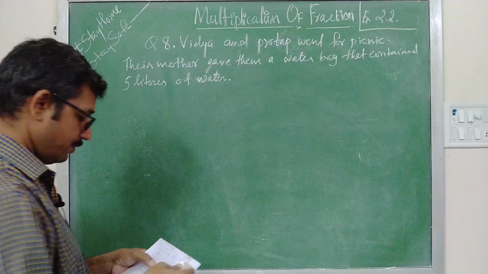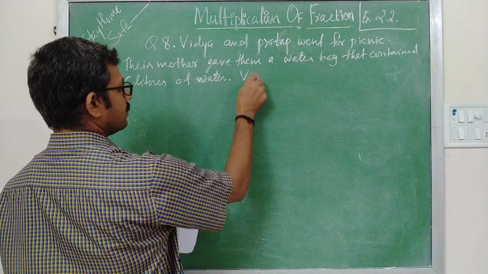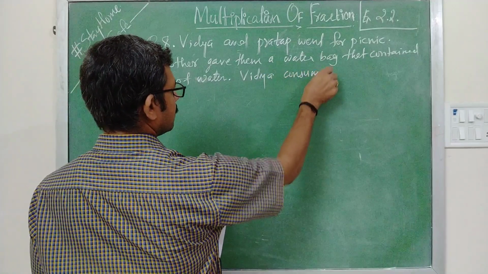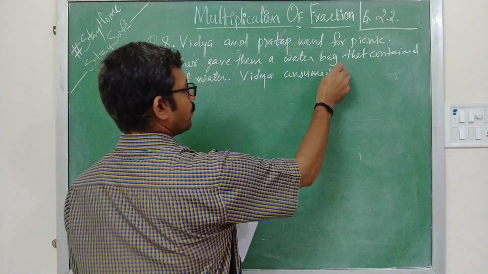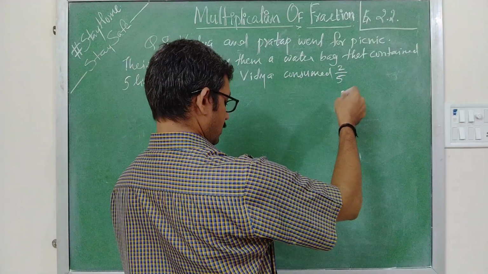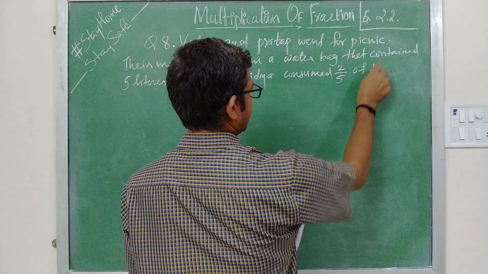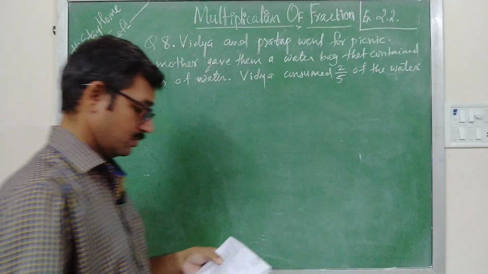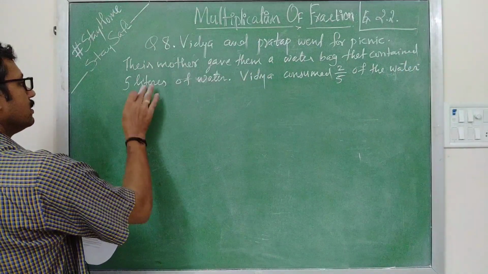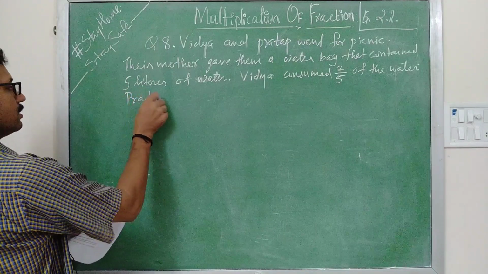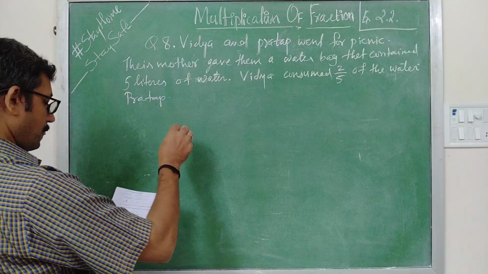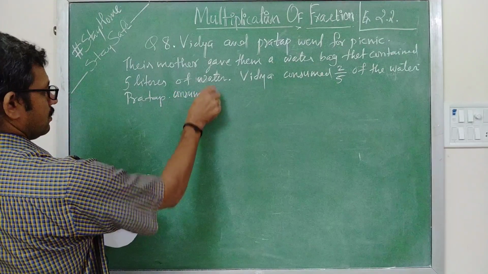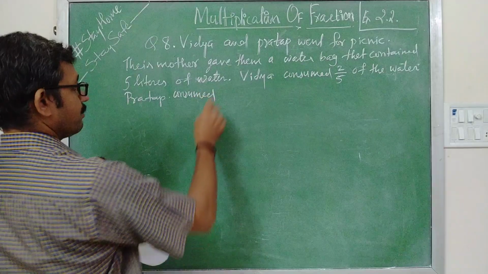Now Vidya consumed 2 upon 5 of the water. Pratap consumed the remaining water.